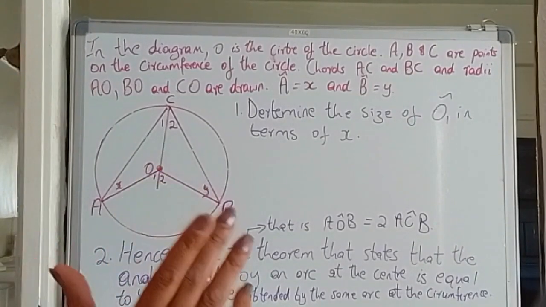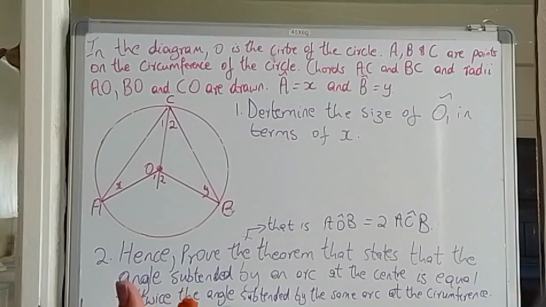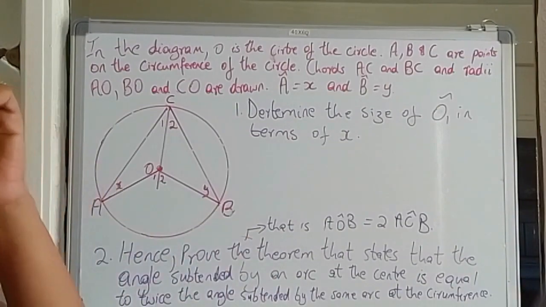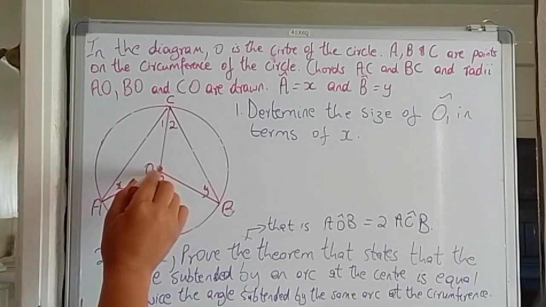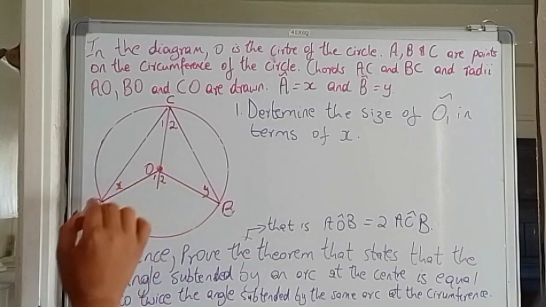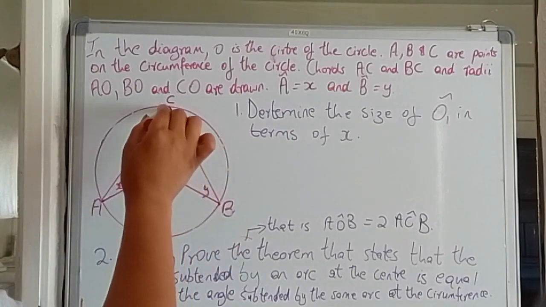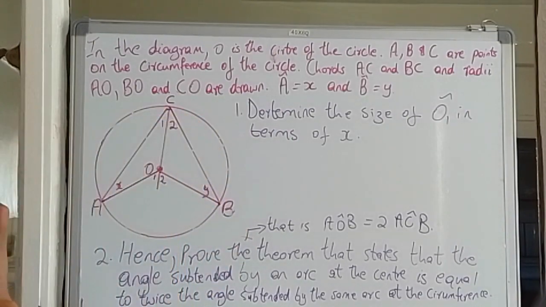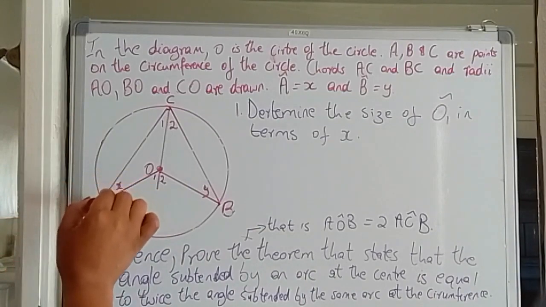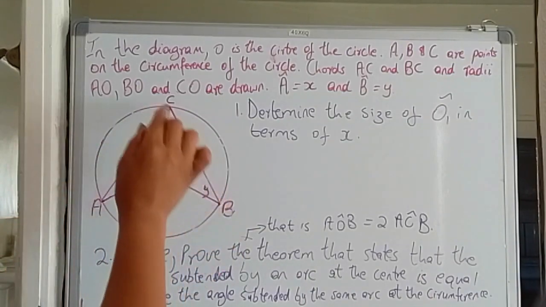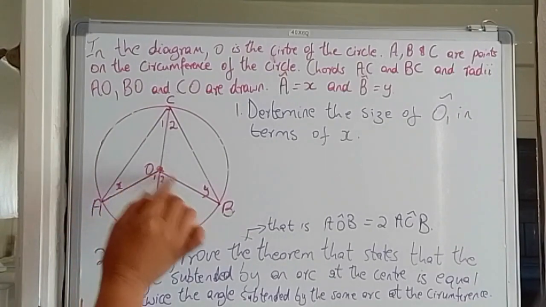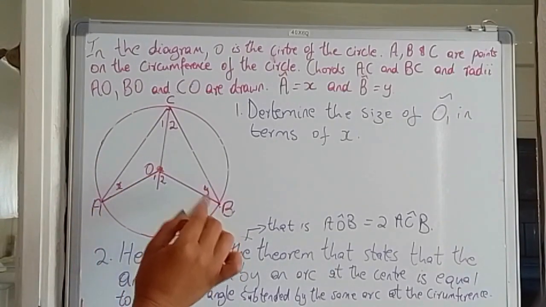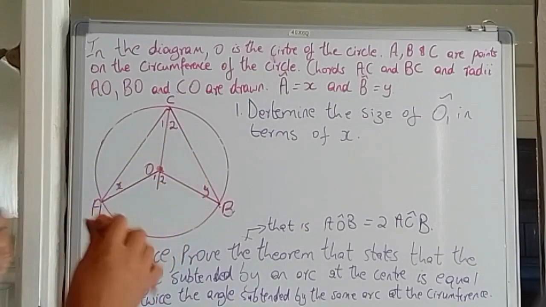Alright, so we now get to prove one of the theorems, one of the 9 theorems, for 6 marks. That's a lot. Okay, so we are given in the diagram, O is the center of the circle, A, B, C are points on the circumference, chords AC and BC are drawn, and OA, OB and OC are drawn.